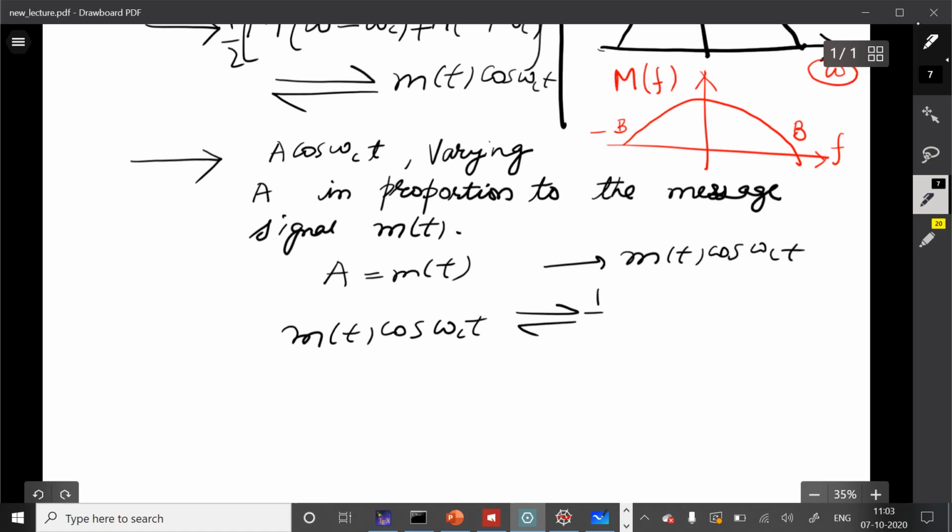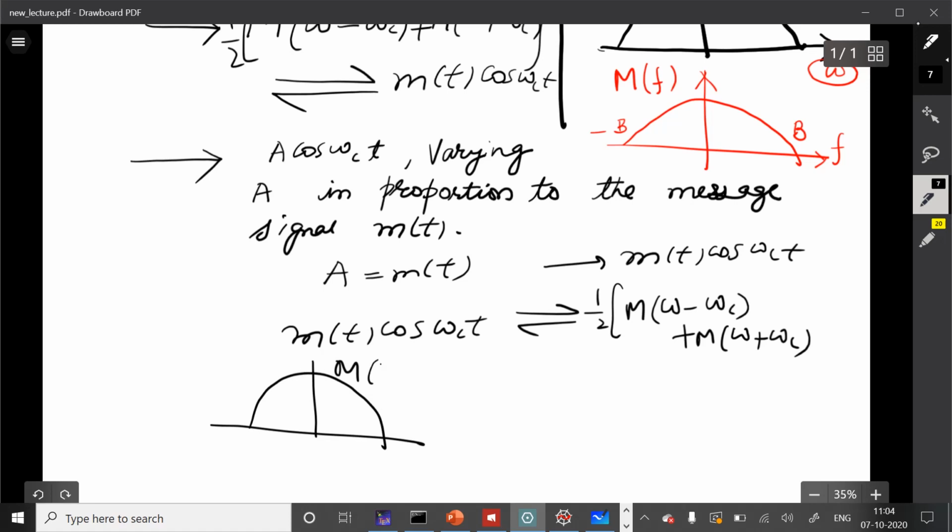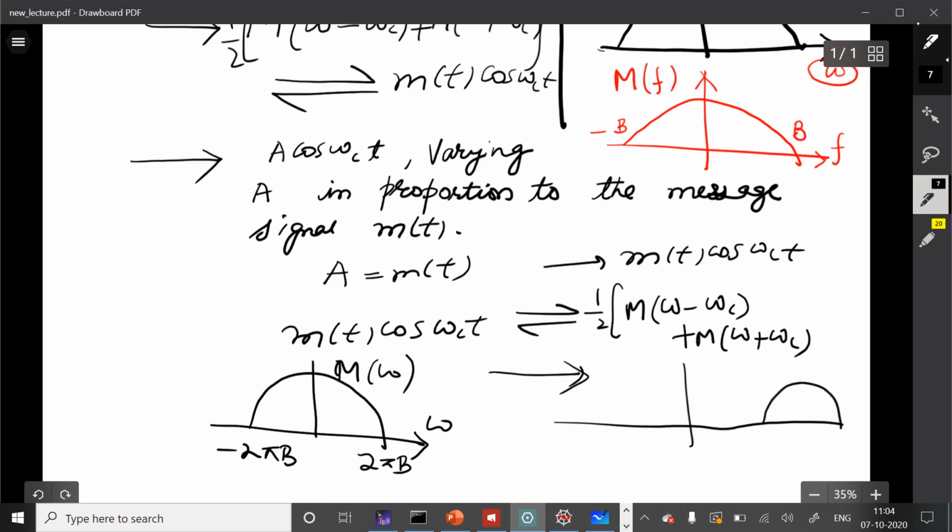And its Fourier transform is half m of omega minus omega c plus m of omega plus omega c. So suppose this were the Fourier transform of the message signal, then, sorry, I should show it like it gets shifted to, right, this is omega c, this is minus omega c.